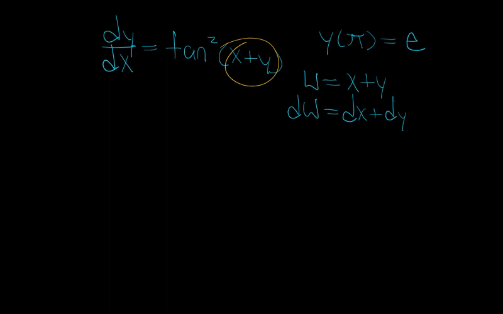So if dw is dx plus dy, then trying to find a substitution for dy/dx, that would bring us to dw/dx equals 1 plus dy/dx.